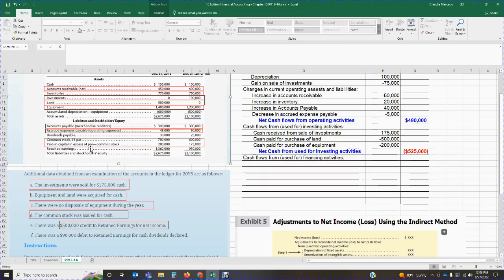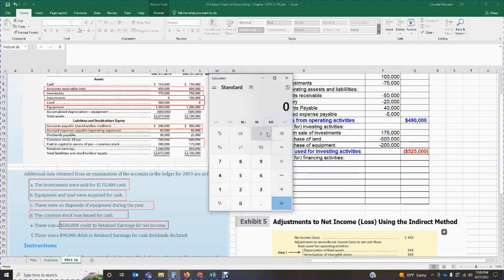In this case, we had 175,000 in our paid-in capital, and we have 200,000 this year, so it increased by 25,000. My common stock increased by 100,000, from 600,000 to 700,000.